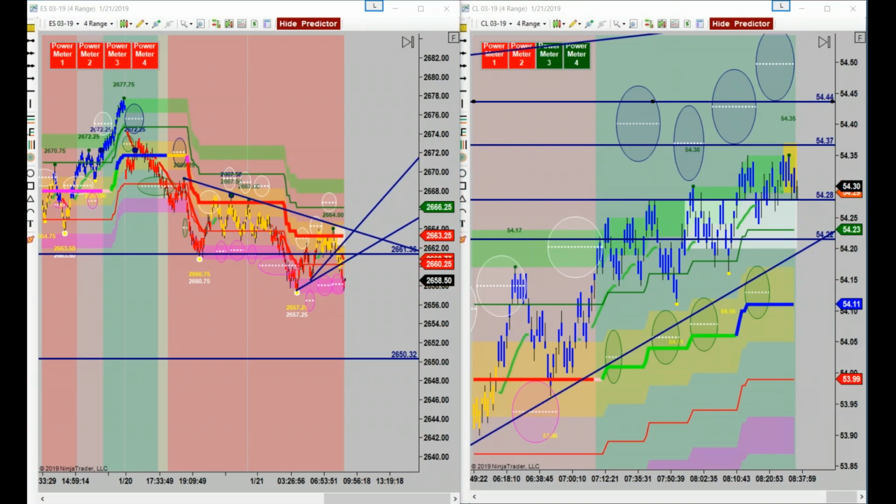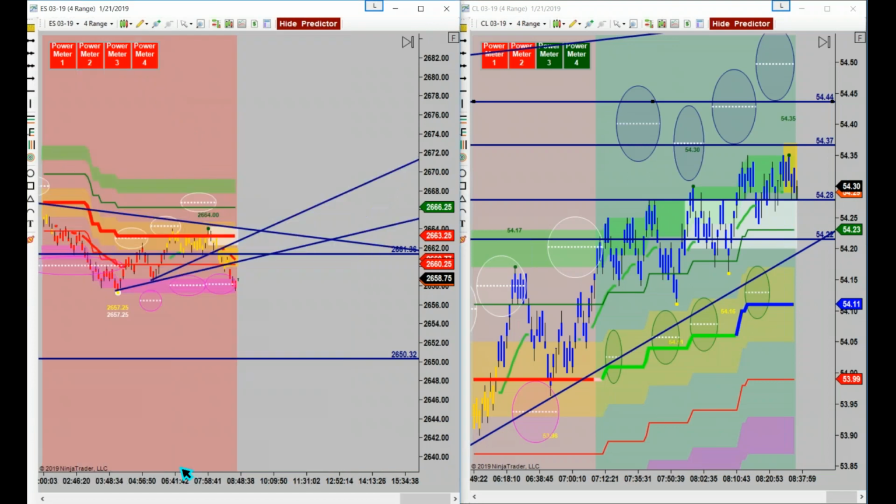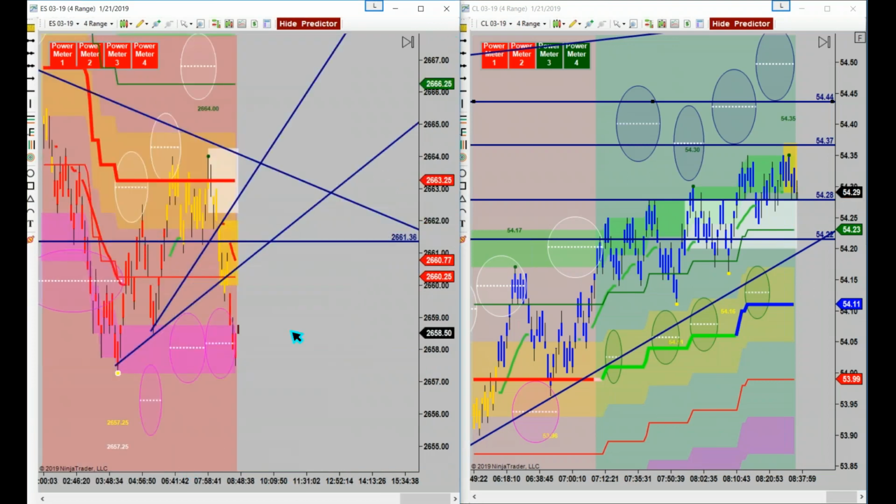Bank a little coin. Called it out. Beautiful, huh? See if we can keep on trucking.